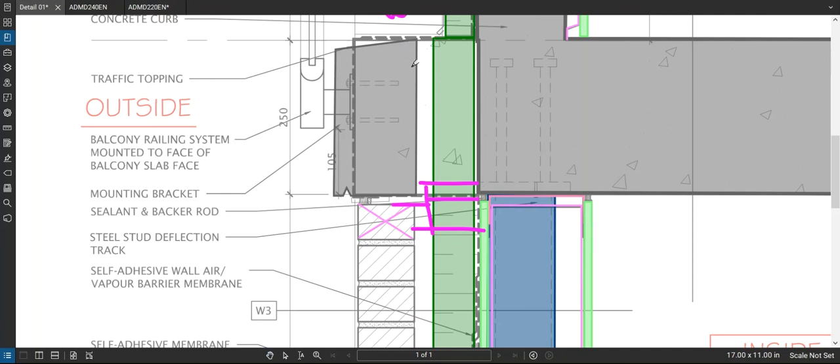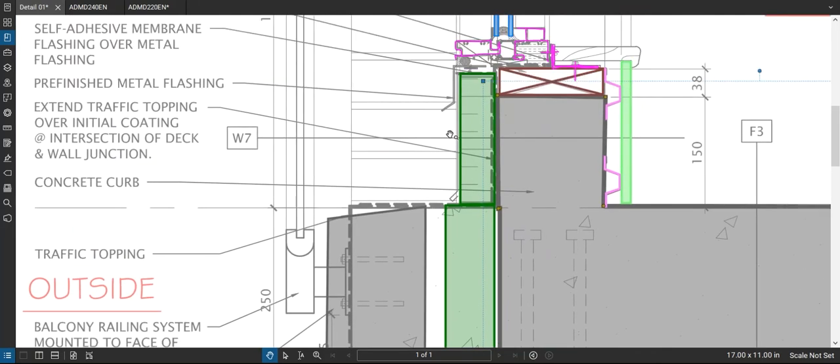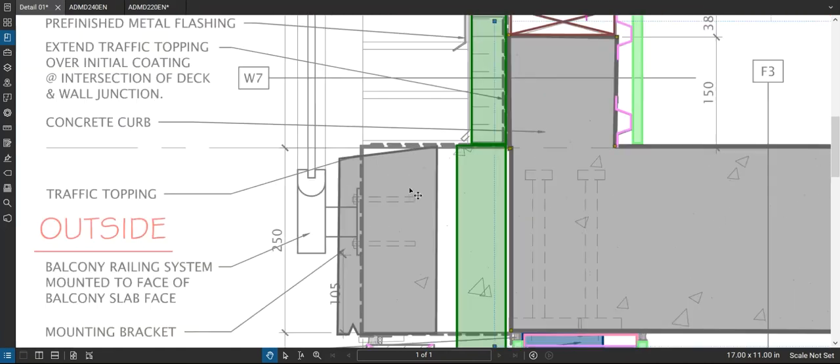Is that going to be adequate for this? Probably not. You probably want to pin this back somehow to the wall right here. So we'd have to figure out a solution to that. So there's all kinds of things to work out here in a detail, and you just really want to assess what the situation is and what the challenges are and find solutions to them.